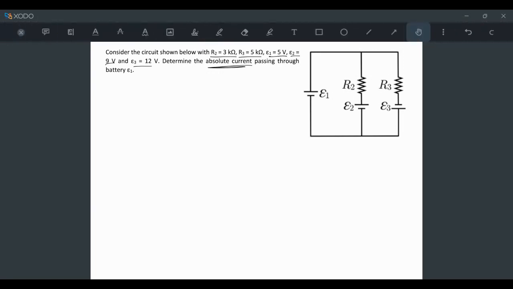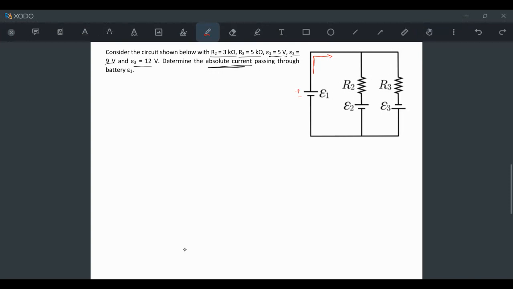So let's quickly label a couple of the currents. Exiting the positive terminal of the first battery, I'll call this I1, keeping the subscript pretty consistent. That reaches this junction here and will split into I2 and I3.